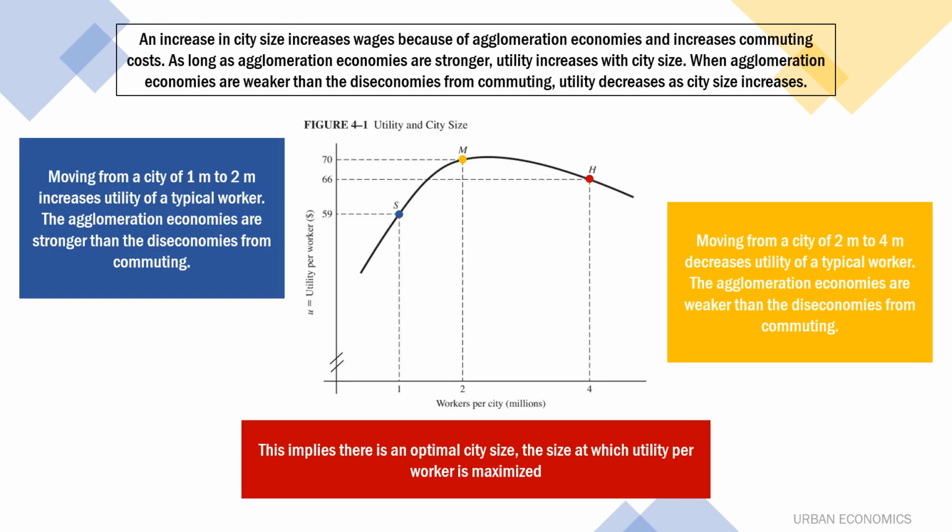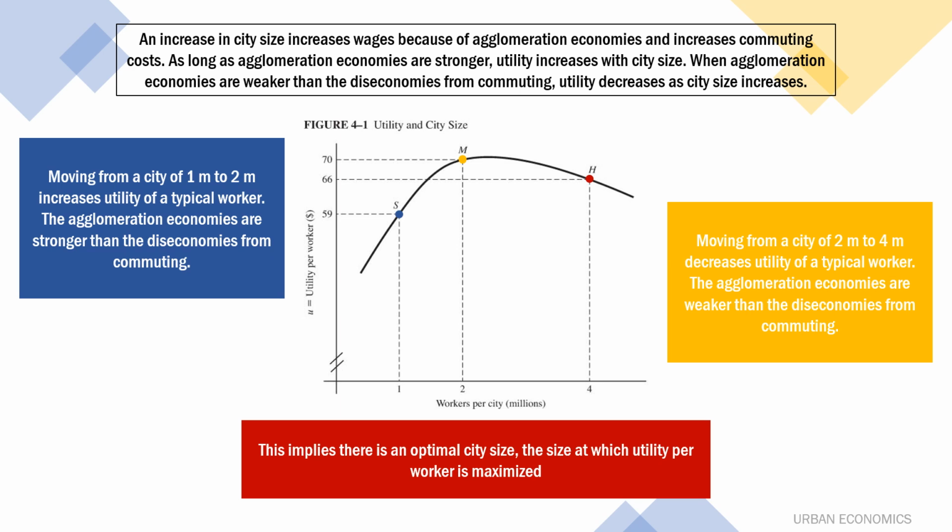So in this figure, a move from point S to point M on the utility curve implies that the agglomeration economies are stronger than the diseconomies of scale associated with commuting. So the utility increases.